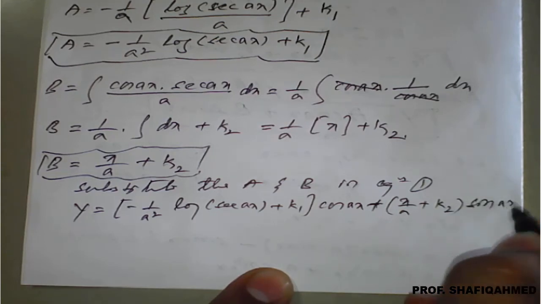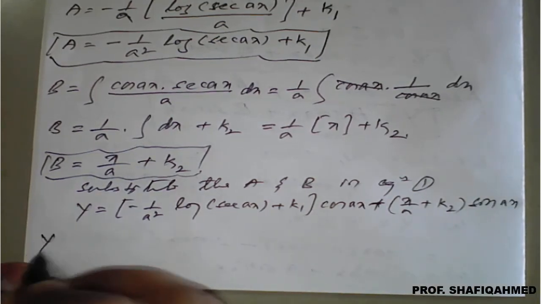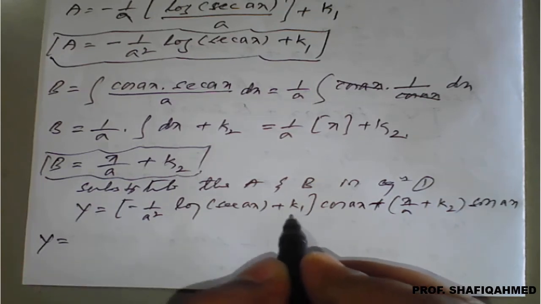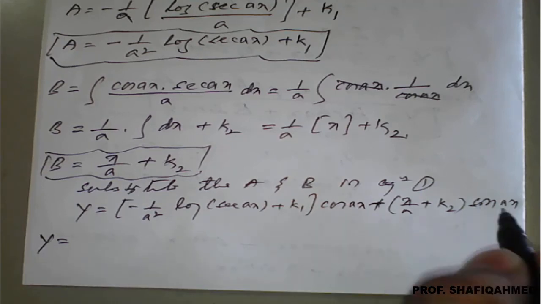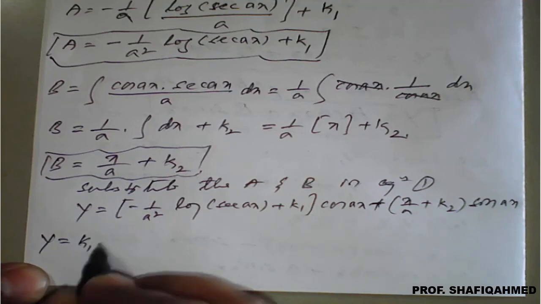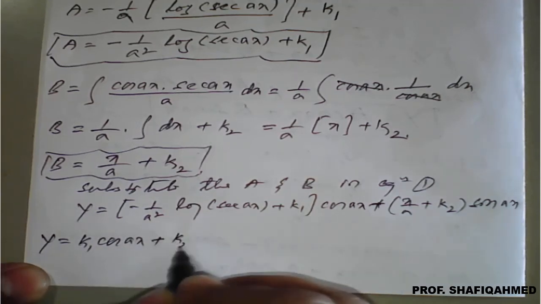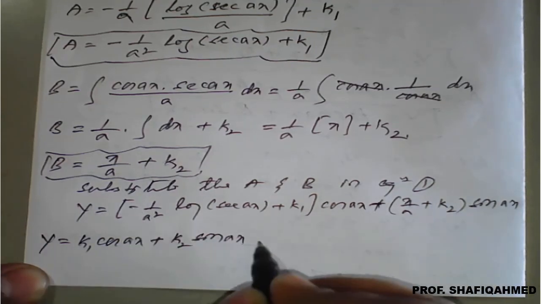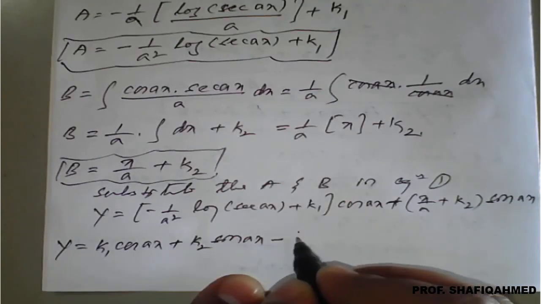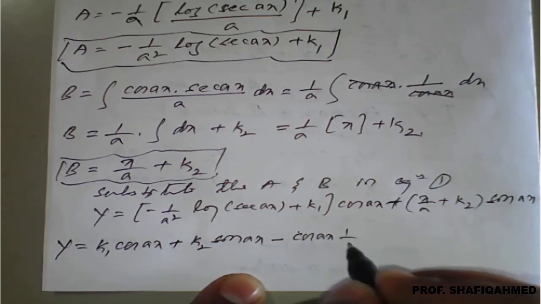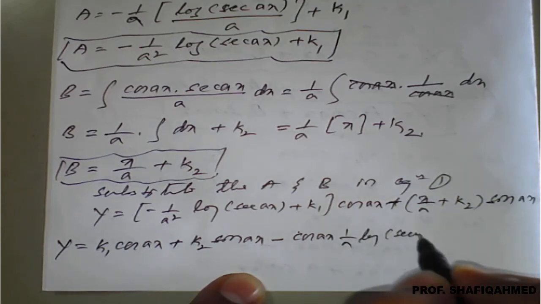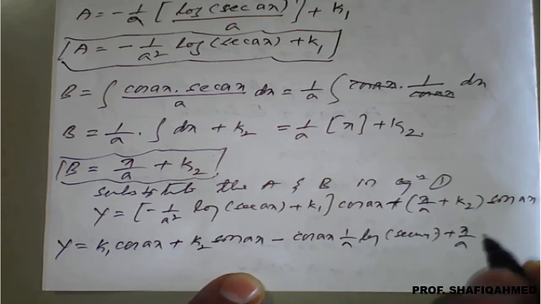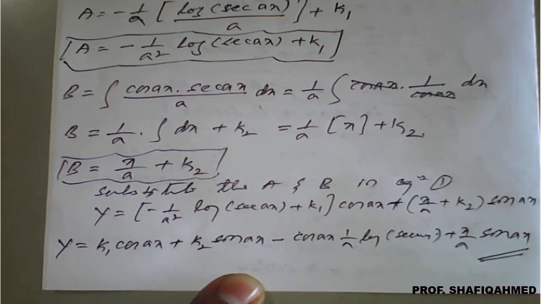So finally you have to open the brackets and rearrange: first cos ax into k1 and sine ax into k2, that is k1 cos of ax plus k2 sine of ax, then the remaining: minus cos of ax into 1 by a square into log of secant ax, plus x by a into sine of ax. So this is the general solution.